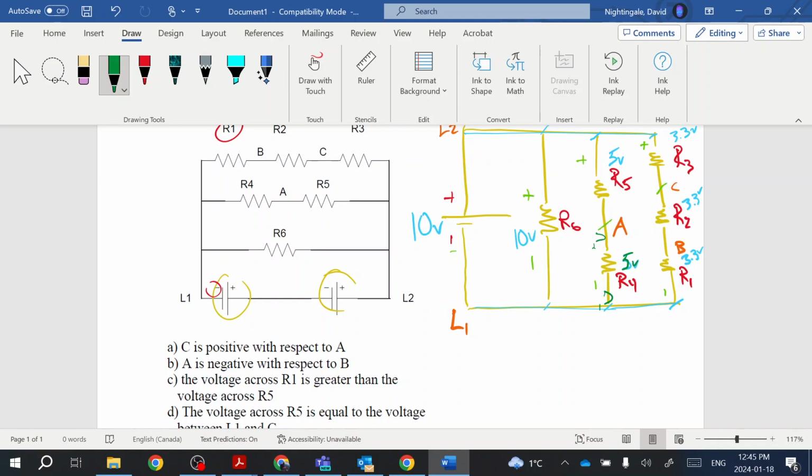okay, so what ultimately we're doing is we're trying to determine from this point here to this point here which side is going to be more positive, right? So at this point, I have dropped 5 volts, right? And so we could say at this point here, we got positive 5 volts right at A. At this point here, we go 3.3 volts, and 3.3 volts, that makes 6.6 volts.